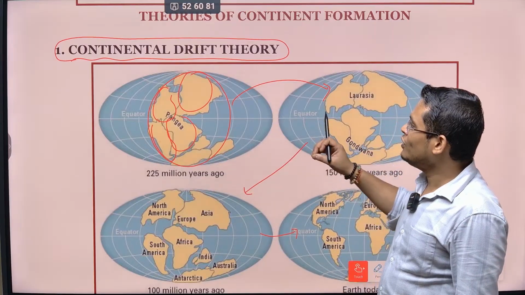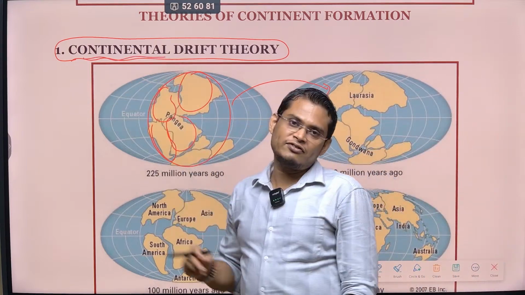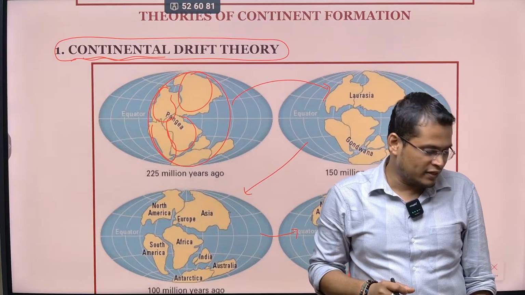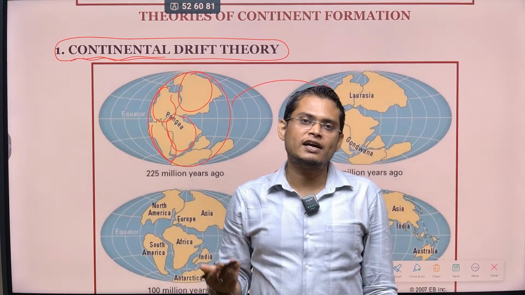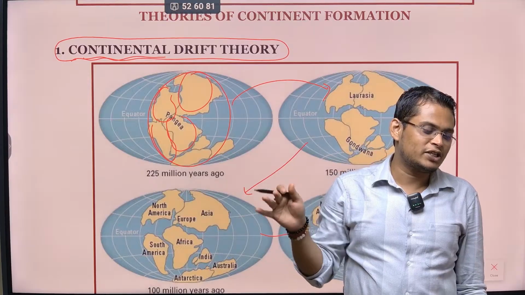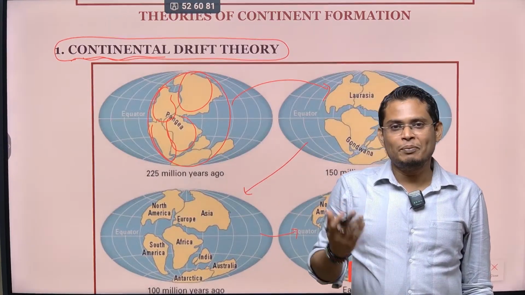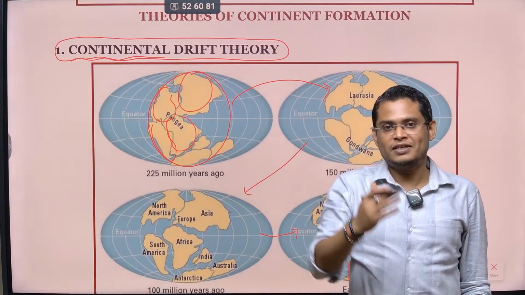So this theory basically tries to explain that the continents, like the different landmasses that we are seeing, be it Africa, Australia, India, are not static; they are moving their position from the present to a different location. Now India has a different border, we don't know, maybe in future India might be in a different place. Okay?